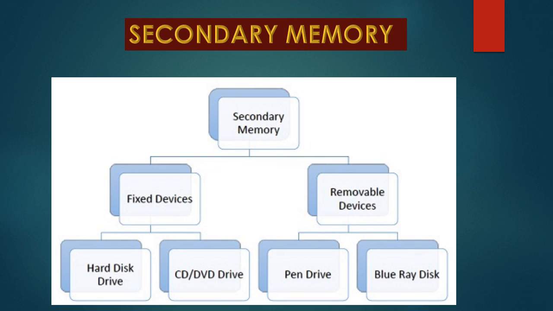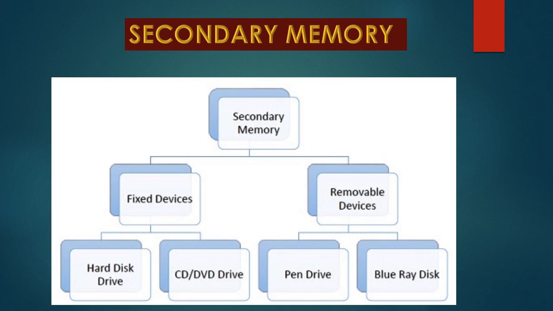If you see on your screen, you can see this secondary memory or secondary storage device is divided into two categories. The first one is fixed devices and the second one is removable devices. The fixed devices are further divided into types such as hard disk drive, which is called the HDD, or CD or DVD drives.